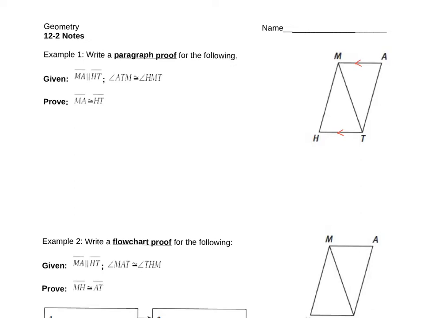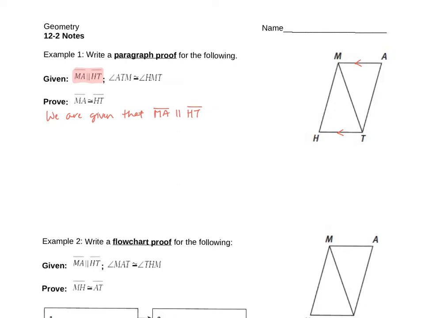So let's start off with that first piece of given information. We can start off our paragraph proof by saying we are given that MA is parallel to HT. So we are given that segment MA is parallel to segment HT.